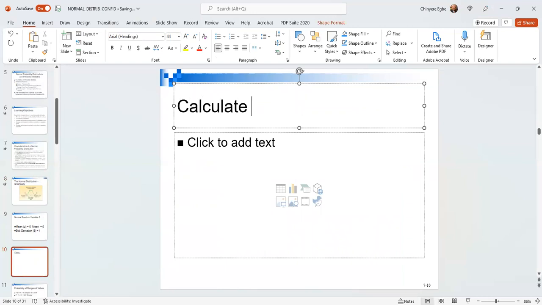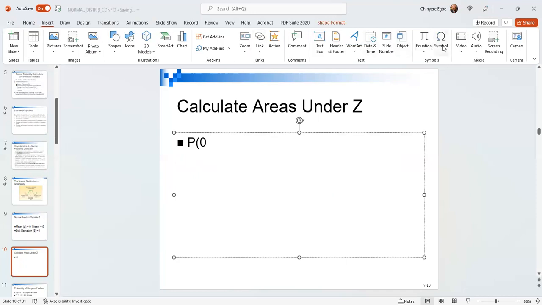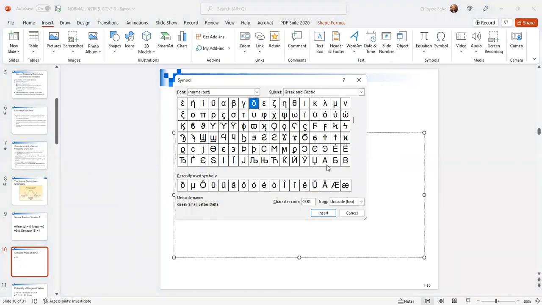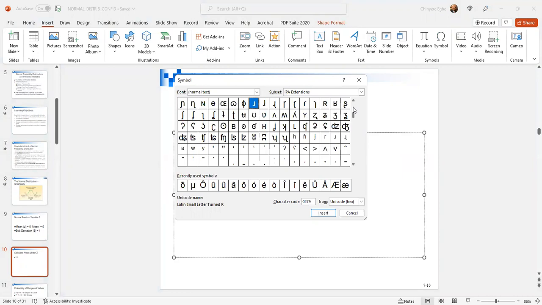So we'll calculate areas on the z. We ask ourselves, what is the probability that z has a value between 0 and 1?